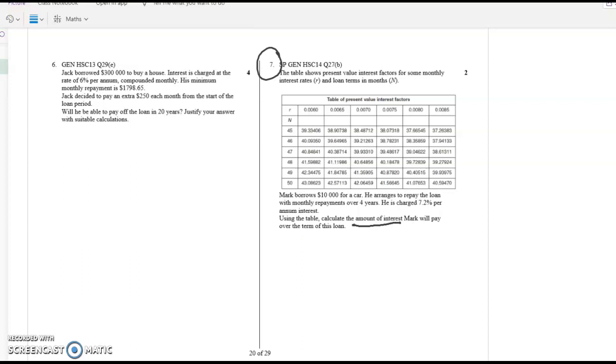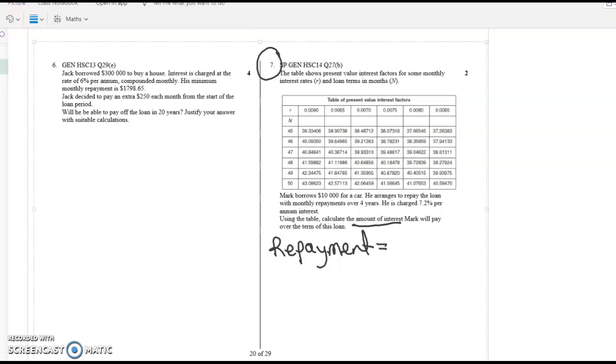Our formula was the loan amount equals the repayment times the value from the table, so we just need to divide.